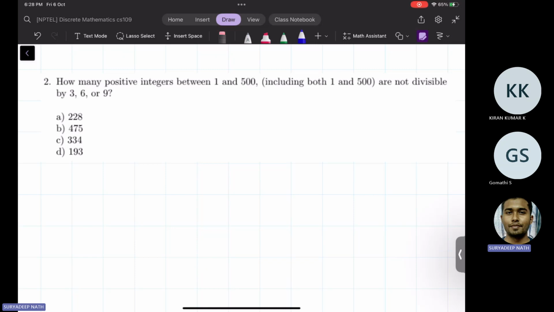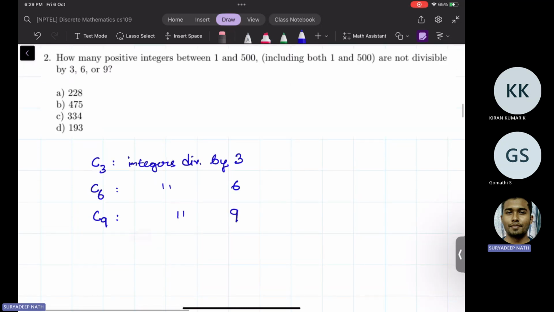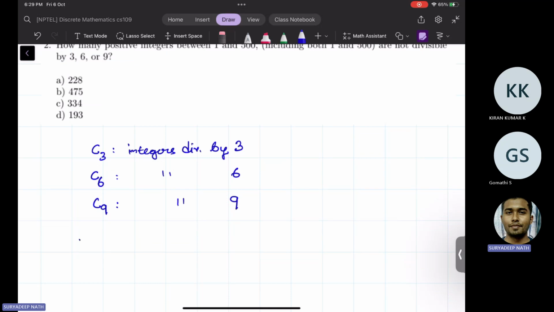We'll call C3 the integers divisible by 3, C6 those divisible by 6, and C9 those divisible by 9. So again, we have to find out n, not C3, not C6, and not C9.